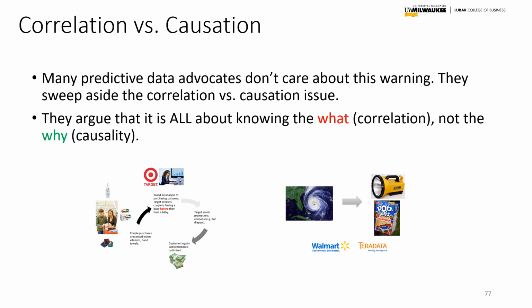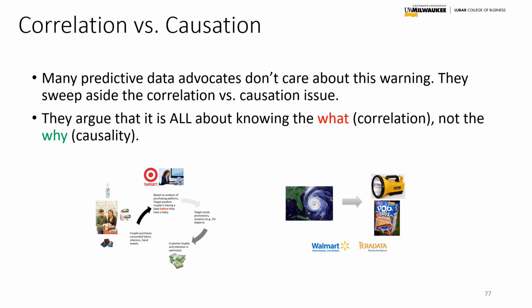It turns out that not all practitioners care about this warning, and they will sweep it under the rug. Consider the examples I gave in the beginning of the semester. Target is exploiting relationships in the data to predict whether a couple will have a baby or not.